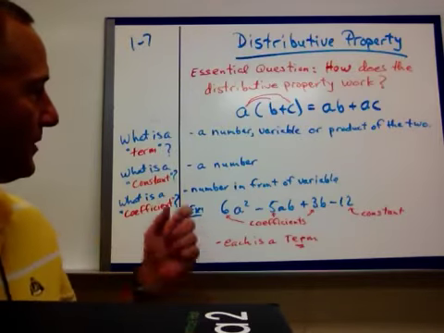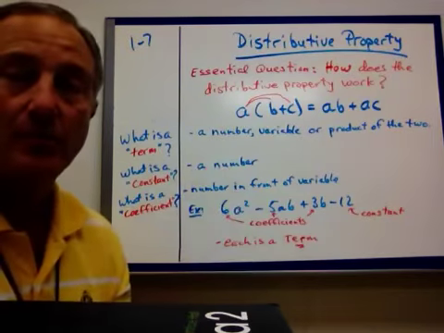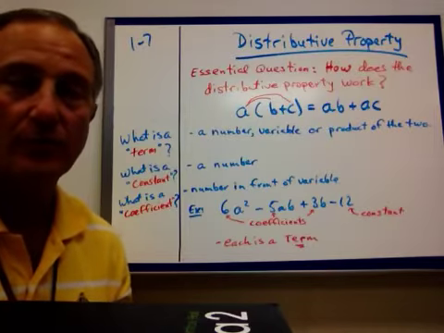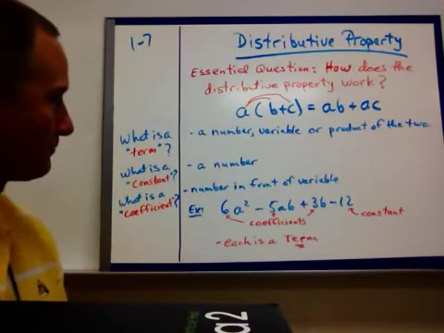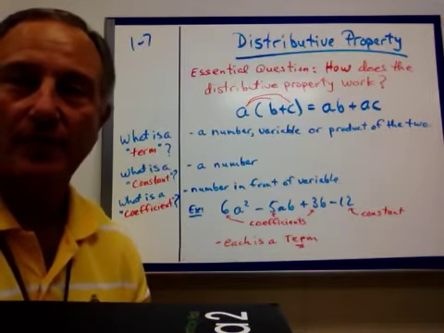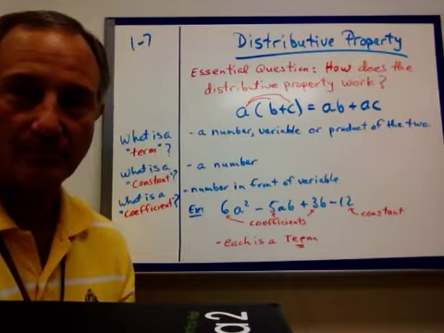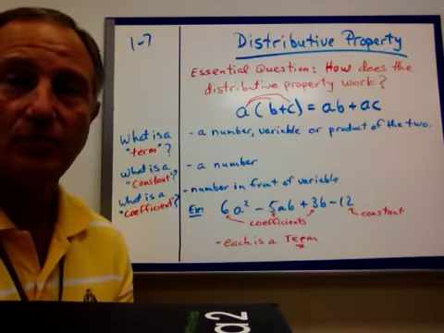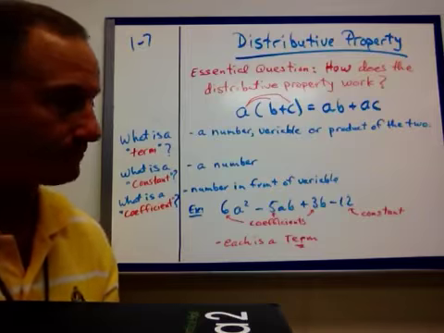I'll show you an example of that. A constant is just a number, 17, 6 minus 2. There's no variable with it, just a number. And the coefficient is the number in front of the x or the y or whatever your variable happens to be. Like if your example is 2xy, the 2 would be the coefficient.